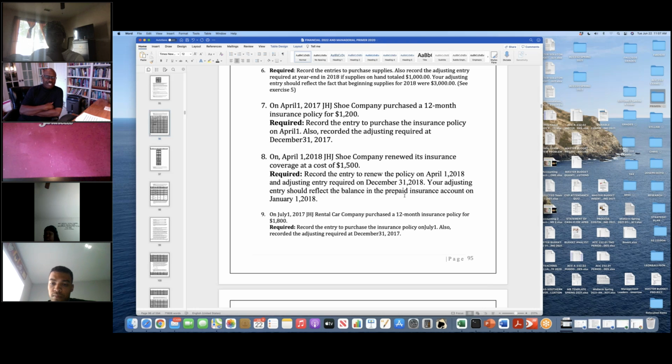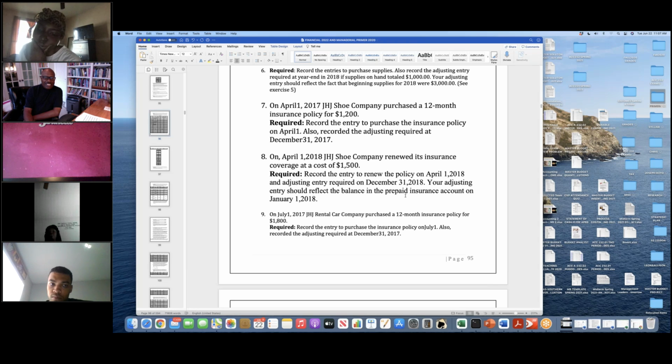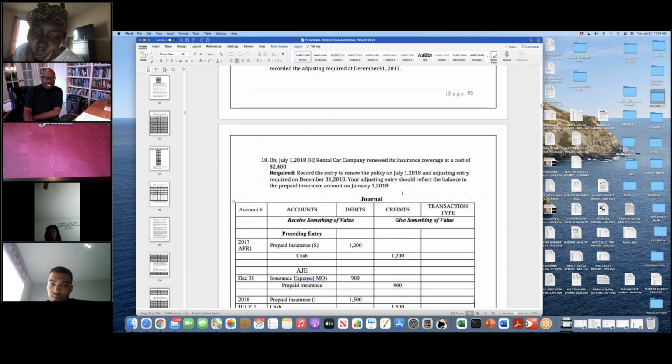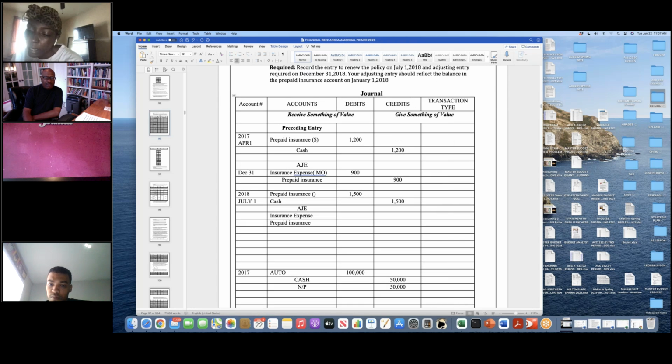So can you calculate it? Would it be 2025? That's what I got. How'd you get 2025? Because with the new policy, it was $1,500, so I divided that by 12, and it comes to $125 a month.